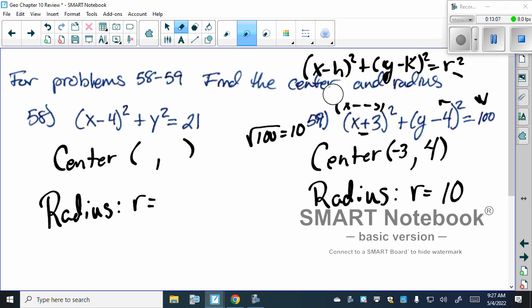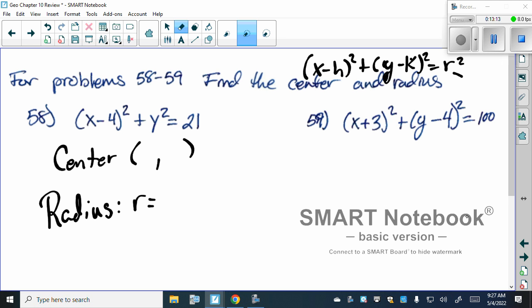Okay, because I'm going to erase this here to give myself a little more room. Now, again, our general formula h, the x value of the center comes from the set of parentheses that has the x. So we have minus 4. So this would be positive 4, since it's the opposite sign.